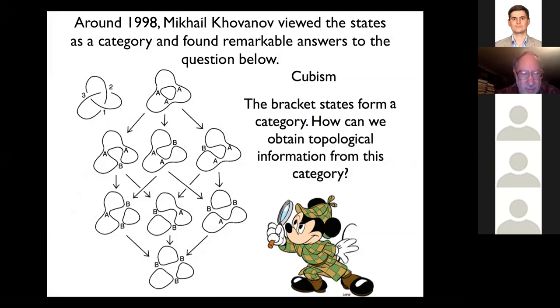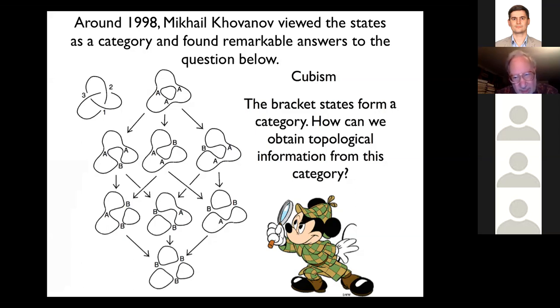And you will then have a cube of states, starting with the vertex of the cube at the top and going down to the vertex of the cube at the bottom, where all the states are smoothed in the B way. And then, to make a long story short, Khovanov asks, well, here's this category which you could associate to a knot diagram.